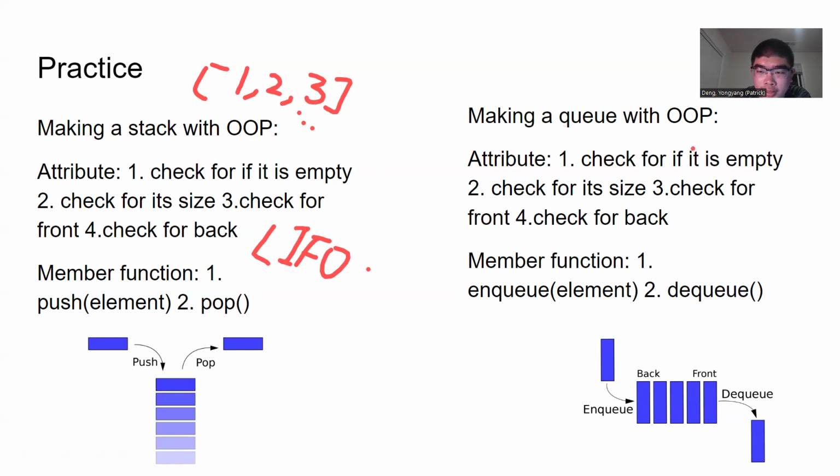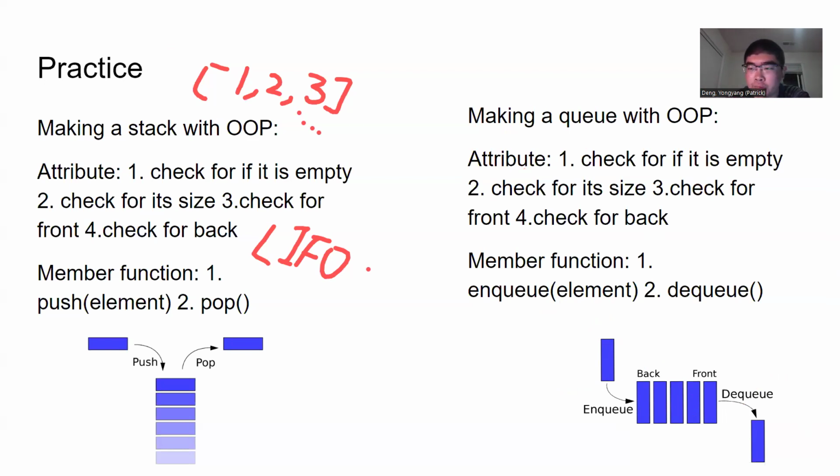And queue is like the same here, but we have enqueue and dequeue. Enqueue is like you join the queue from the back, but dequeue is like when you are waiting in line and you're the first one, you go first and then you just leave the queue. So enqueue is to make the data join the data structure from the back and pop out the data from the front. So this is queue.